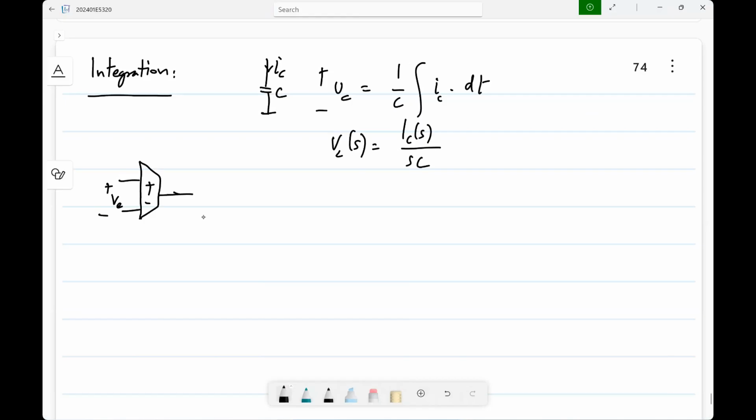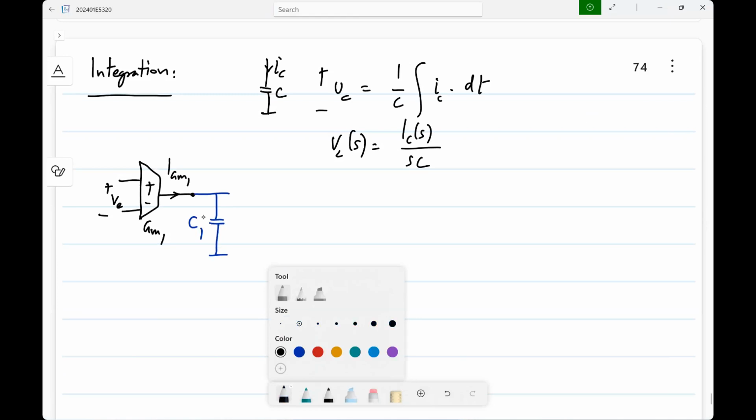If I call this GM1, this is I = GM1·VE, and I connect the capacitor across this, let me call it C1. So now essentially this current is converted to a voltage VC1, which is the integral.